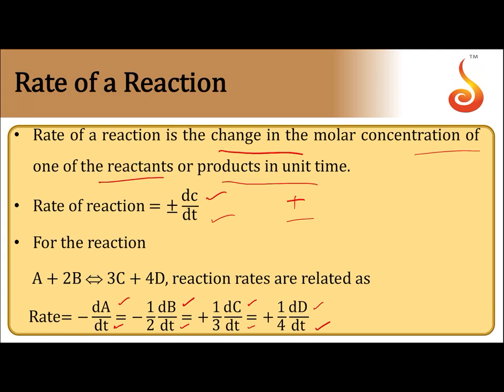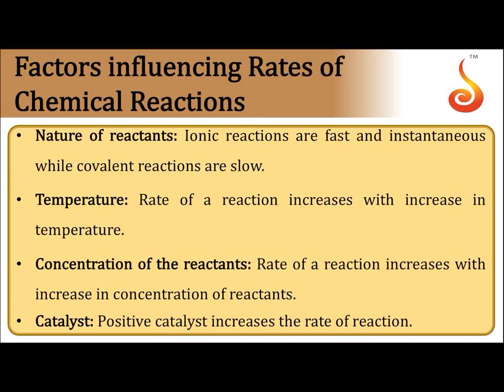With respect to reactants A and B, we are assigning a negative sign, and with respect to products a positive sign is given. So a reactant is assigned a negative sign, and a product is assigned a positive sign.